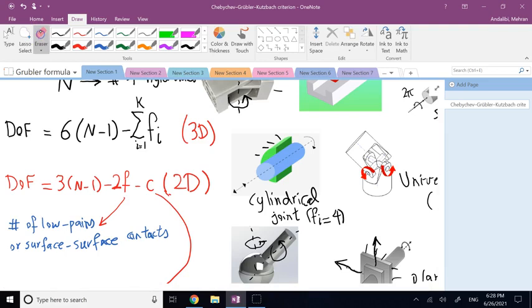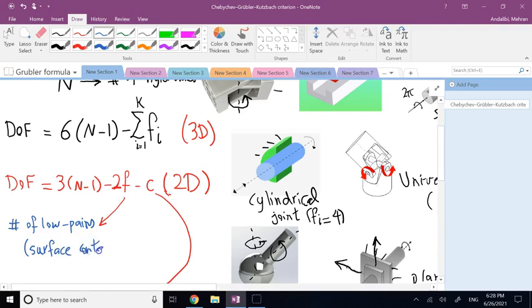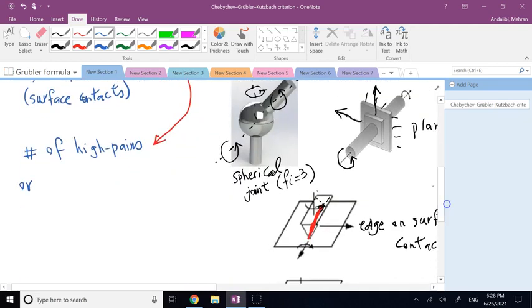So let me call this surface contact, not surface to surface, although you can call it that, that's okay. And as I said, here you might call it edge or point contacts.